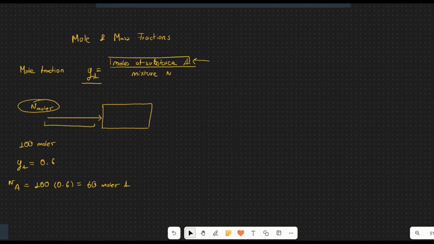And the same happens with mass fractions. If we're talking about a mass fraction of A, referred to as X of A, this determines how many grams, kilograms, whatever unit you're working with, let's say just mass, of A are in the mass of the mixture.